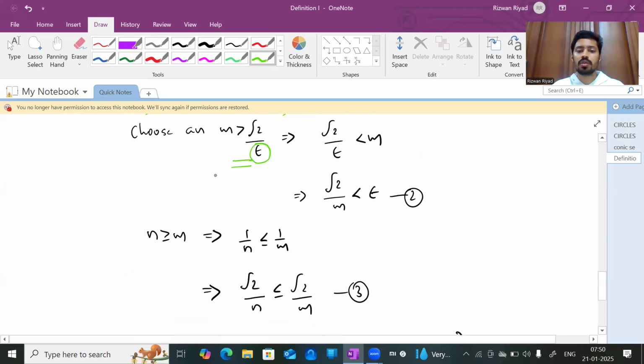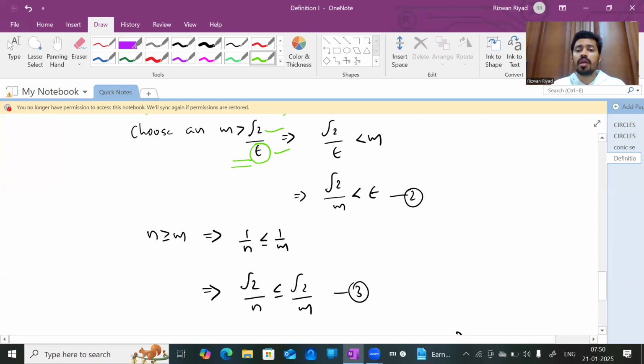Whatever may be the value of epsilon, it can take any positive real number. So if you fix epsilon as a positive real number, then root 2 by epsilon is another positive real number, because both root 2 and epsilon are positive.